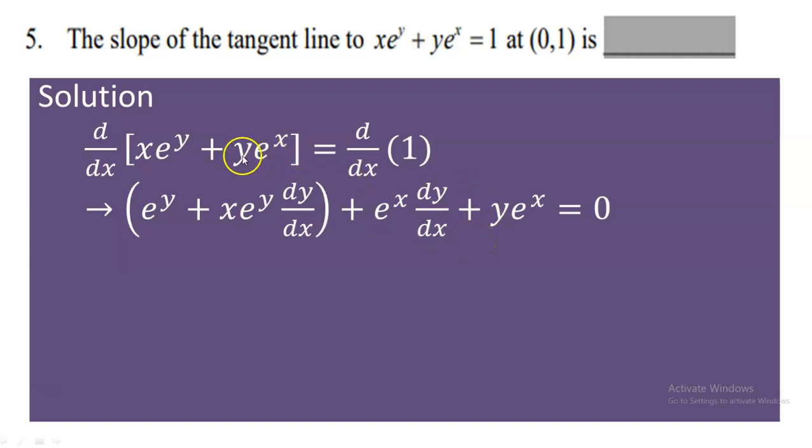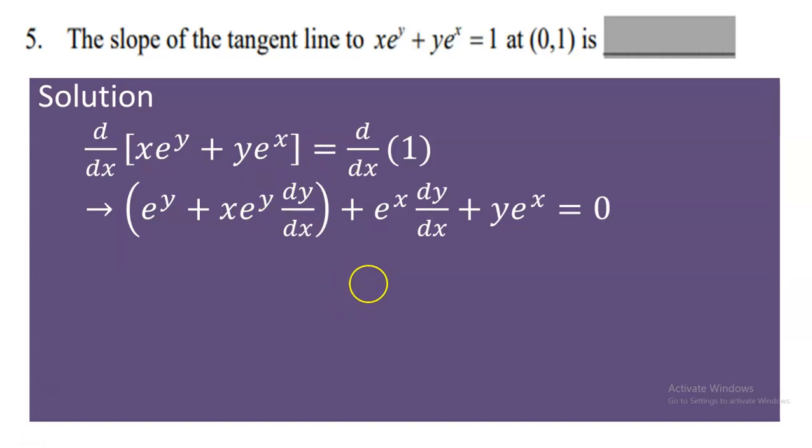Then as you differentiate e to the power of x with respect to x, the derivative is itself, e to the power of x, but you take y as it is as a multiplier. So everything is available now. This is 0 because the derivative of a constant 1 is 0. My dear students, our intention is to determine the slope, so we are interested to know what dy over dx is going to be.